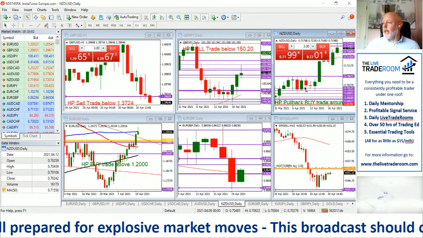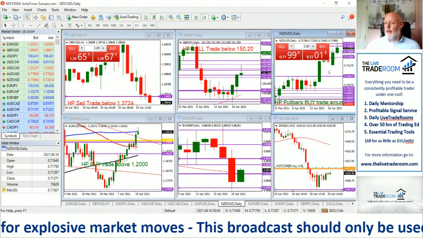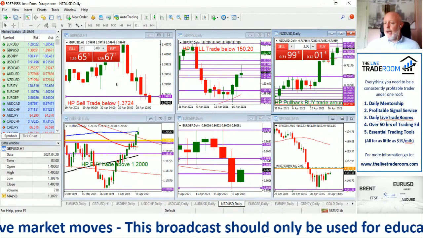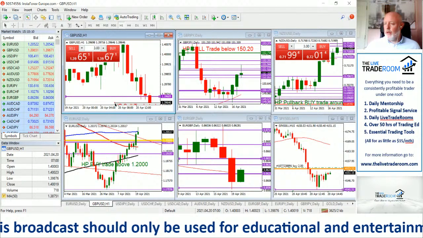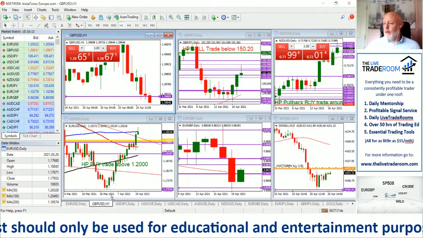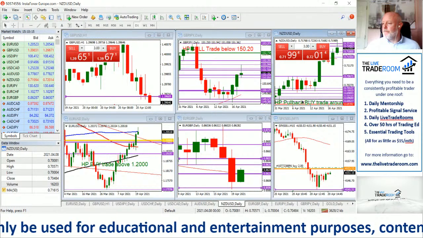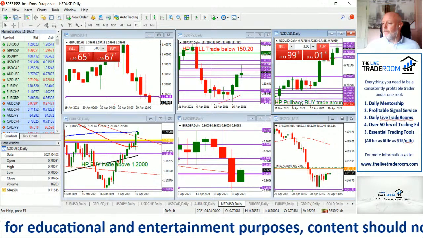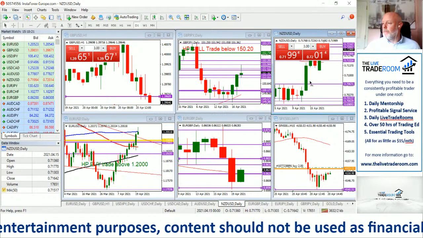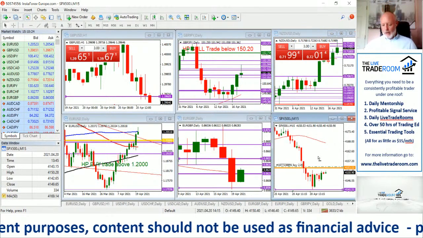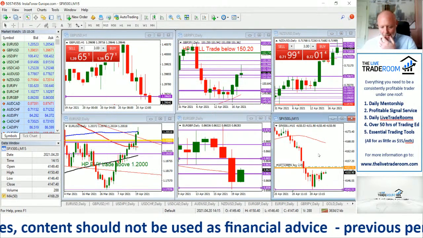We can see the rejection there on the right hand side. And the pound dollar is just rolling further to the downside. Okay, so look, we'll get to grips with this.